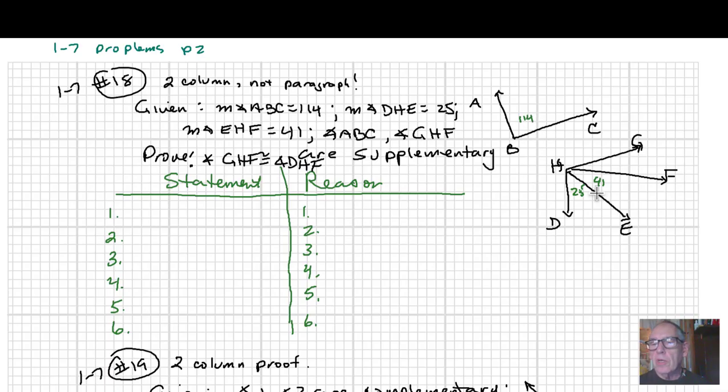So this is 114. Let's see. These add up to 66 degrees. So 66 plus 114 does make 180. That means that this DHF angle and the ABC angle are supplementary to each other. Now we're also told that ABC and GHF are supplementary. So these two angles are supplementary. So we've got that these two angles are supplementary, and we also have that these two angles are supplementary.